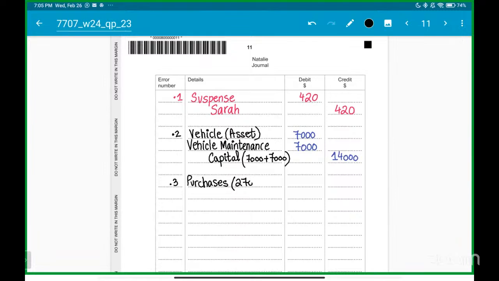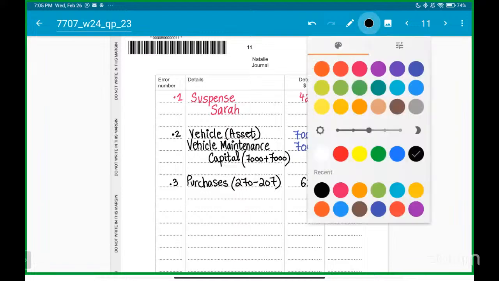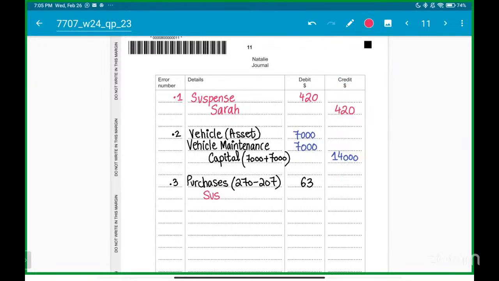Whatever the difference is, your calculator will tell: 270 minus 207, and that is $63. And then, because the credit side, the supplier's account, was recorded correctly already, the suspense account will be coming in for $63.